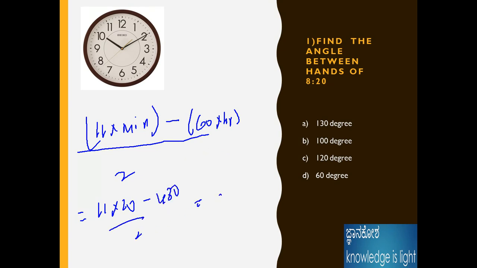Therefore 220 minus 480 by 2, therefore coming as 260 by 2. Ignore the minus sign here; wherever the problem gives a minus sign, ignore it. Therefore, this is the third method for solving these kinds of problems. Okay, I will take one more problem.